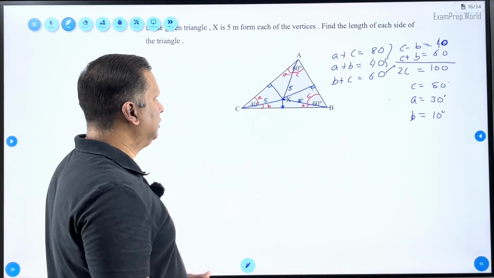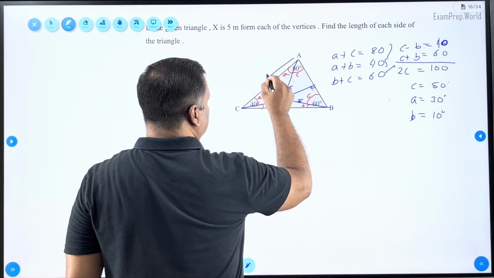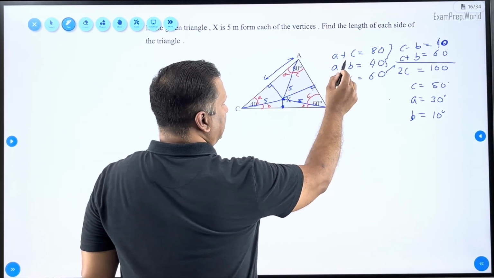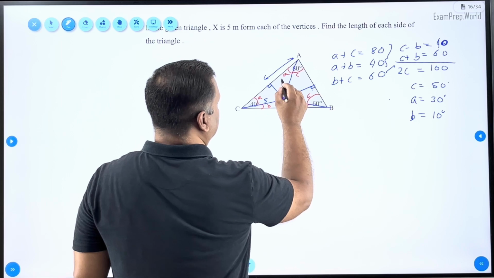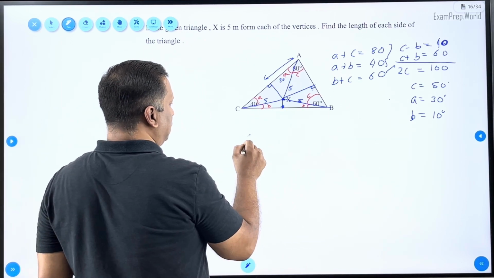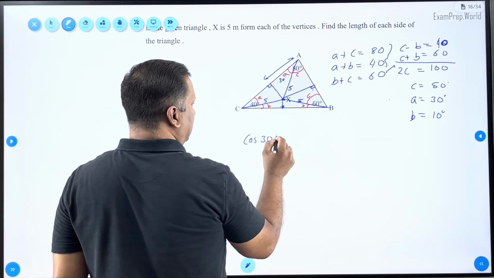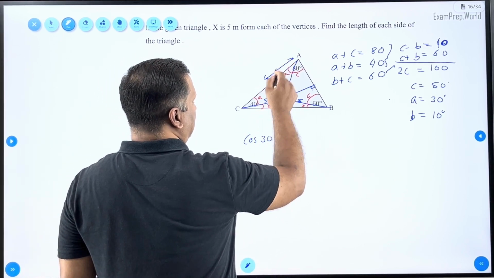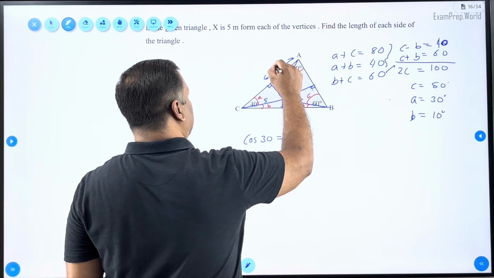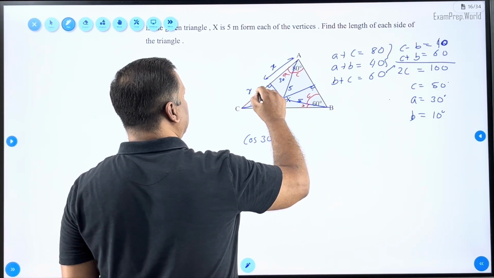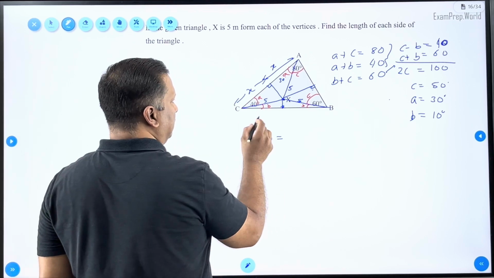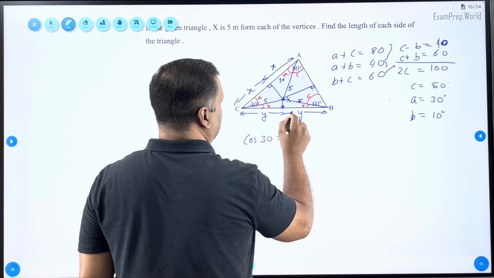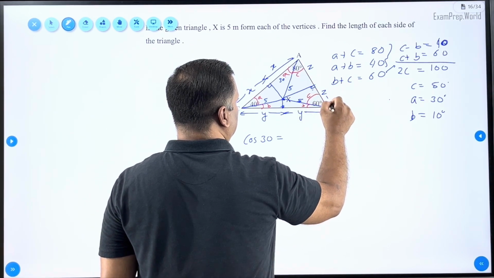Once you have found all 3 angles, let us take this side. This angle A for us is how much? 30 degrees. Take this triangle, so cos 30 is equal to how much? Let this length be x, so this is also x, because this is also 30. Let this be y, this is also y, and let this be z, so this is also z.